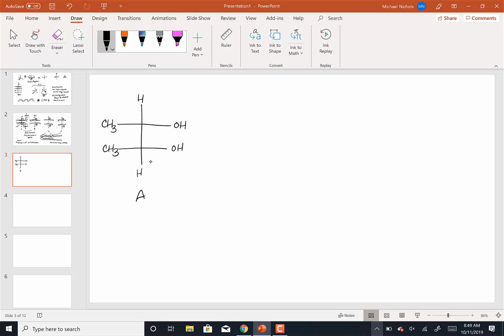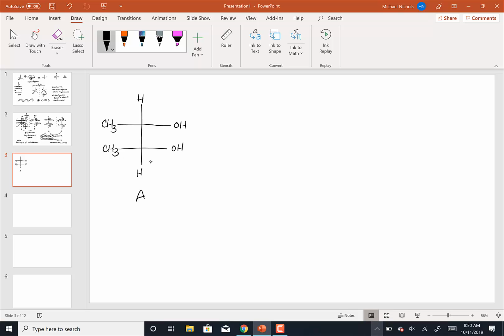But there's a twist in this set. I want you to tell me what the relationship is between each molecule, whether they are non-superimposable or whether they are superimposable. Because the twist here is that you're going to have 2 molecules that are superimposable when you write the mirror image.